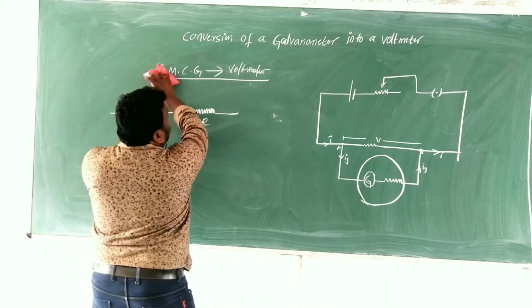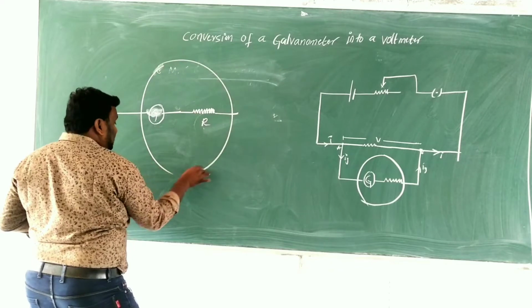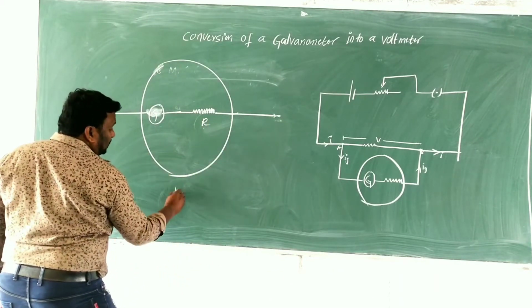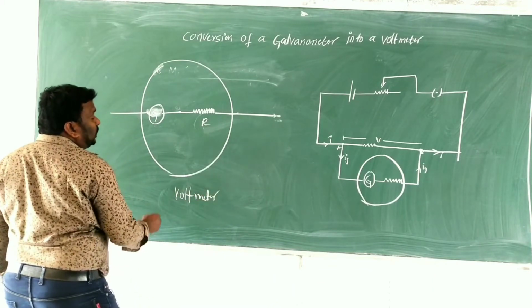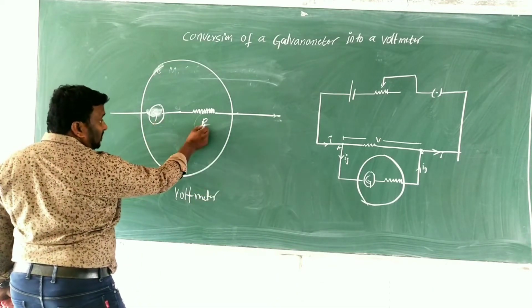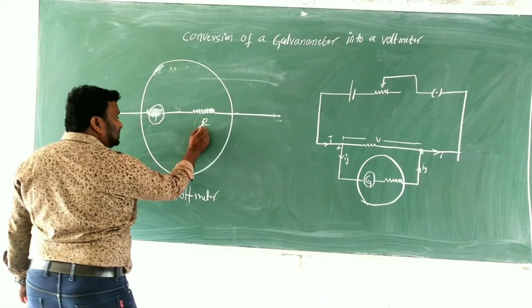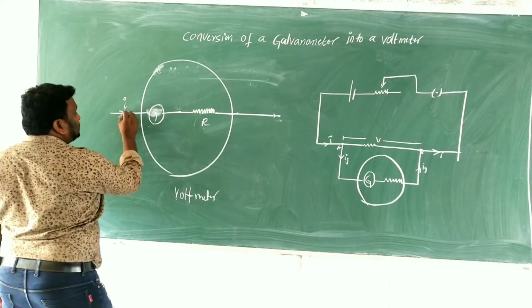So here if we take them as a system, now it is the voltmeter. This is the voltmeter now, the combination of G and R. How are these two connected? In series. Here the amount of current passing through this is Ig.